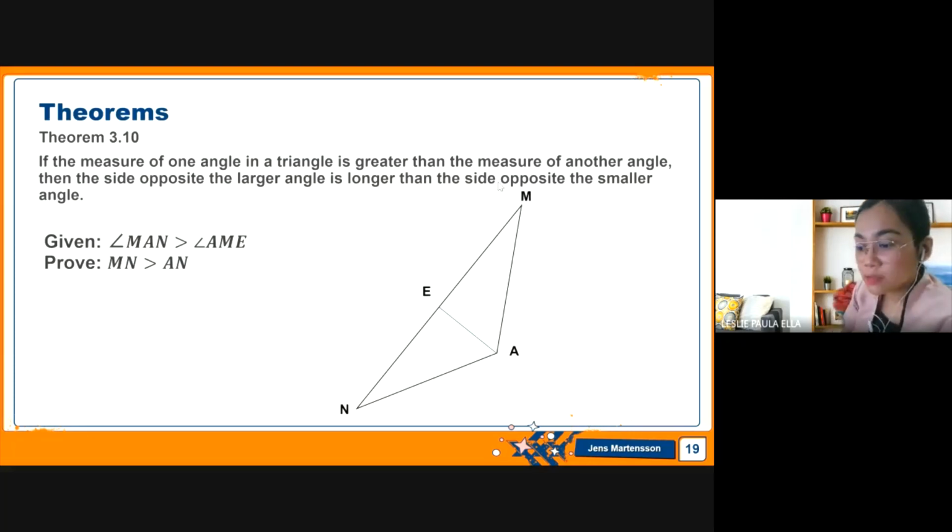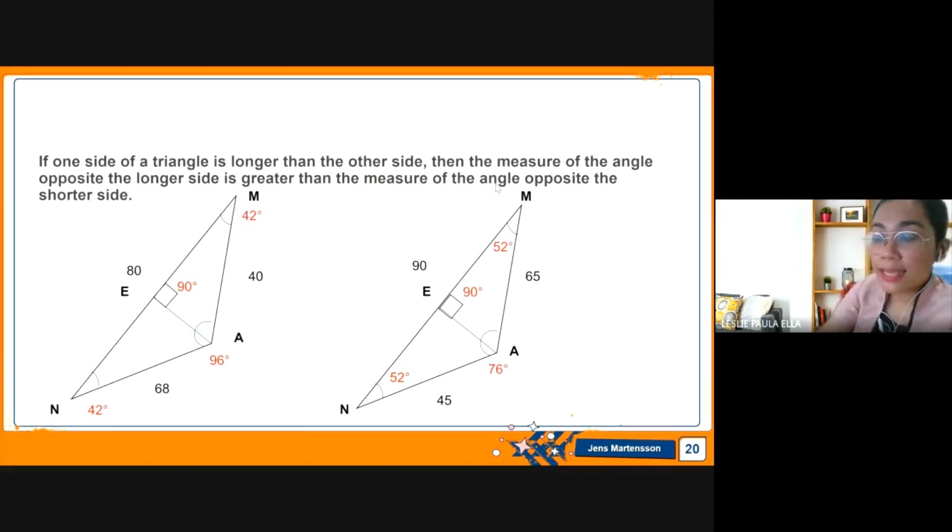Just like the explanation from 3.9, triangle MAN is greater than triangle ANE because triangle ANE is just formed using the auxiliary figure. So how do we check if this is also a triangle?